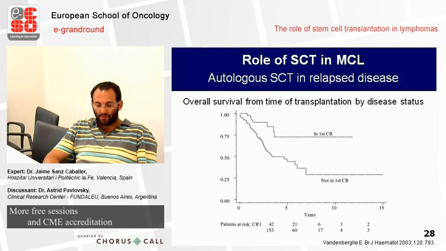Disease status at transplant was the most significant factor affecting survival. Patients with chemosensitive disease, but not in complete remission, were 3 times more likely to die than patients transplanted in first complete remission. This large analysis showed that patients transplanted in first complete remission fared better than those transplanted in subsequent remission, thus arguing for early transplant.